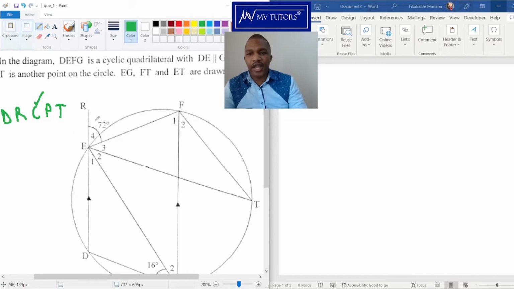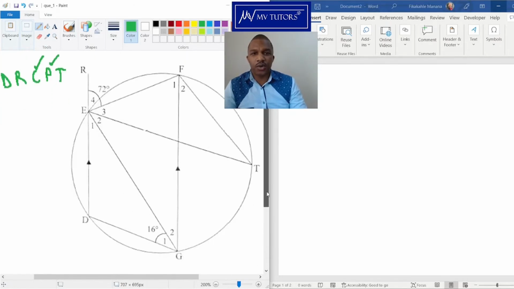Do I have parallel lines? Yes. I need all the laws associated with parallel lines. Do I have a tangent? No. So in this question, I'm only working with a cyclic quad and parallel lines. There are no other laws that I'm going to be looking for to help me solve anything in this question except those for cyclic quads and parallel lines.